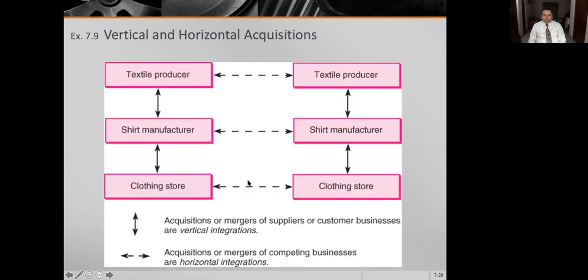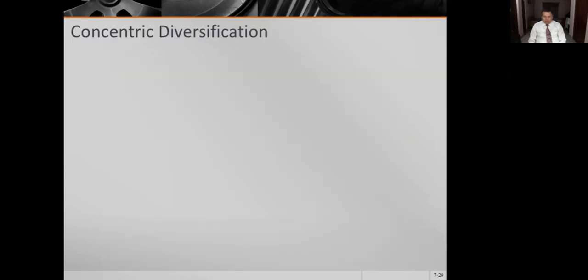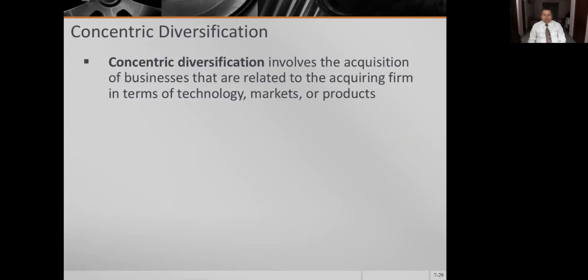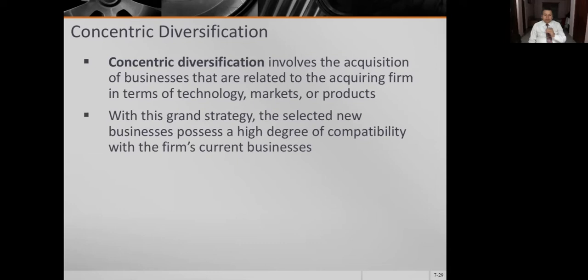Right? Then what do we have? Then you have concentric diversification. It involves the acquisition of businesses that are related to the acquiring firm in terms of technology, markets, or products. Related. You are capitalizing on what you already know. You are actually building on that. With this grand strategy, the selected new businesses possess a high degree of compatibility with the firm's current businesses.